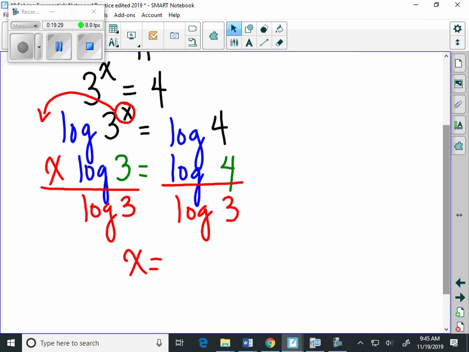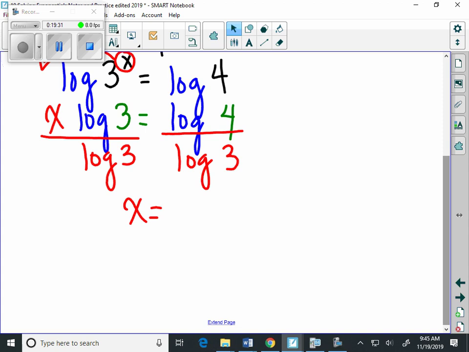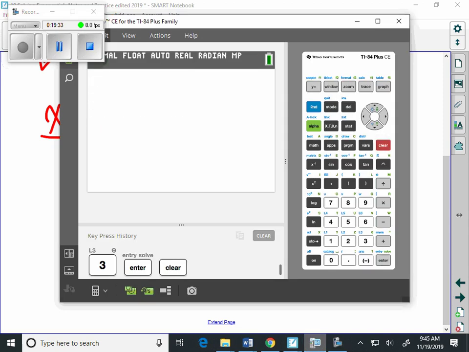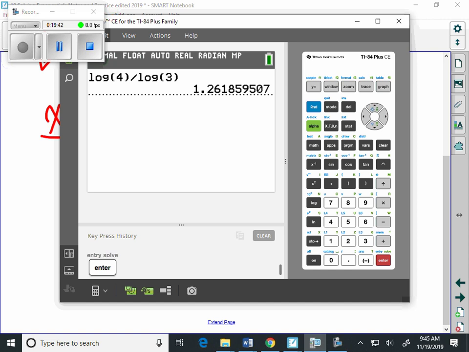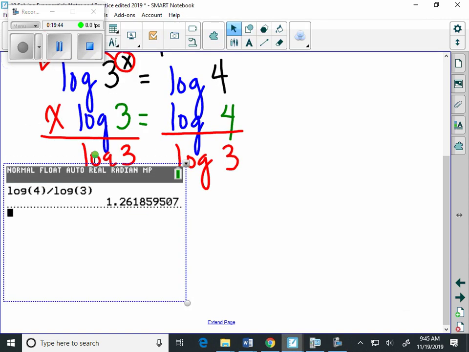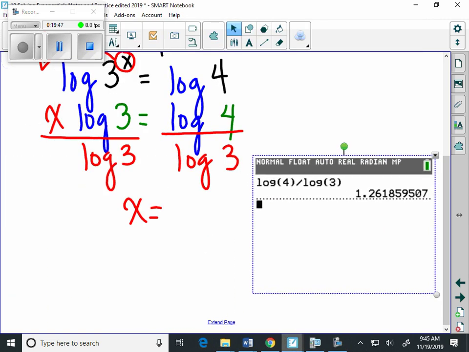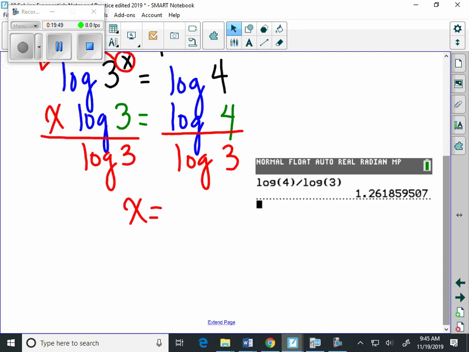So log of 4, close the parentheses, divided by log of 3, gives us that value here, and we'll round to the nearest thousandth. Looking at the 8 to determine what to do to the 1. Since 8 is 5 or higher, this is going to be 1.262.